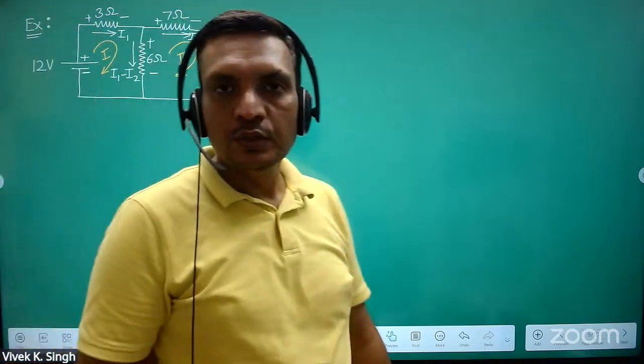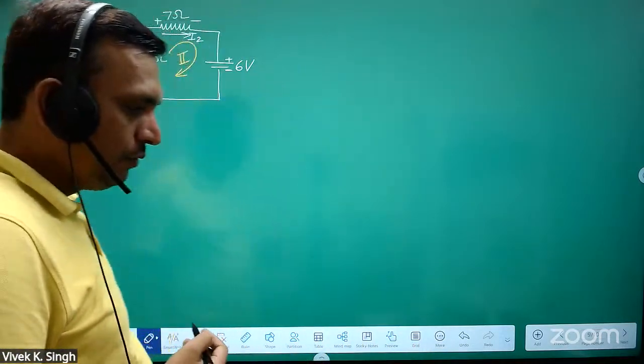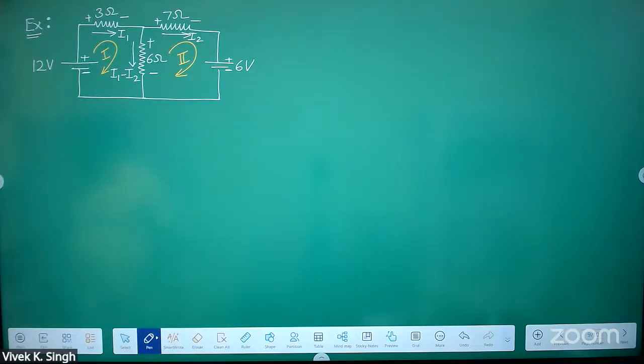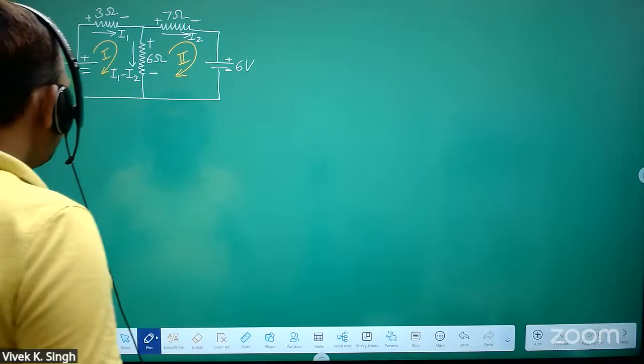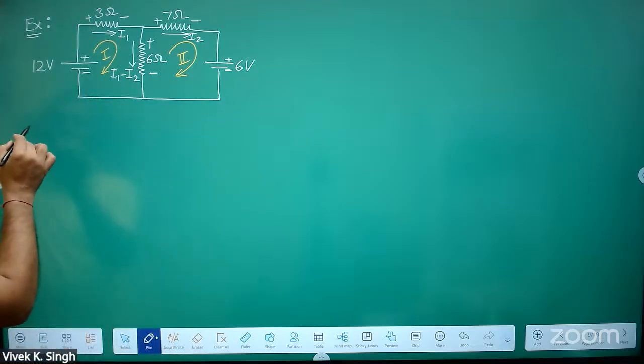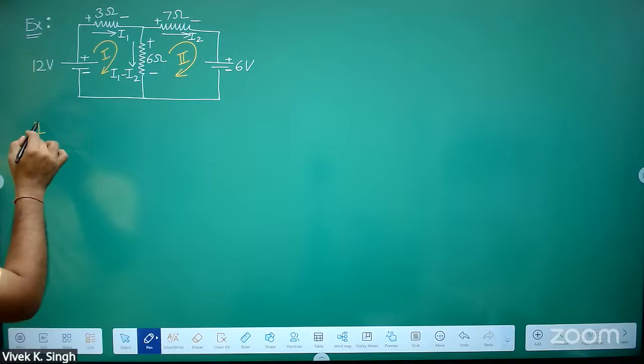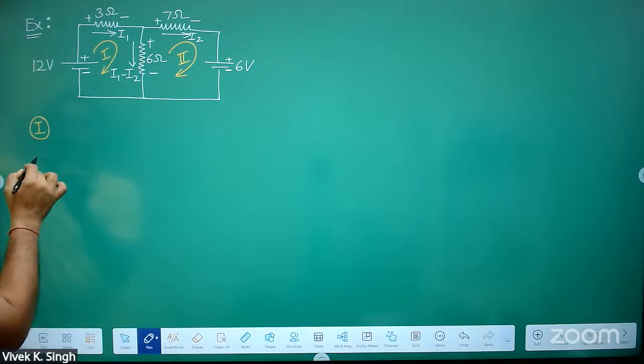Because you have two unknowns, I1 and I2, you need to apply KVL in two loops. Now apply KVL in loop 1 and 2. Let's see what will be KVL in loop 1.